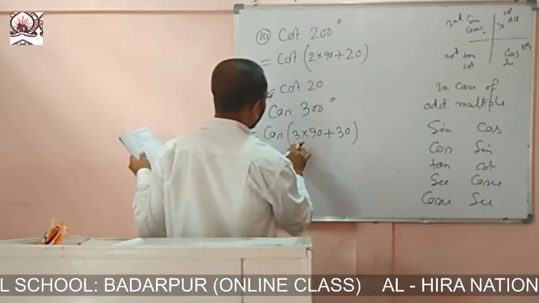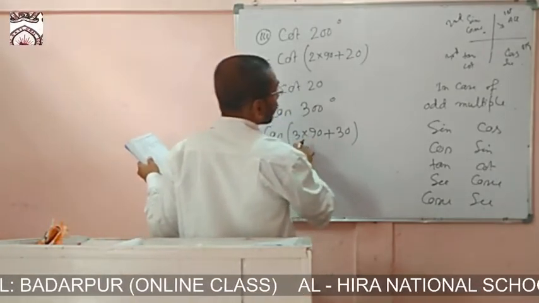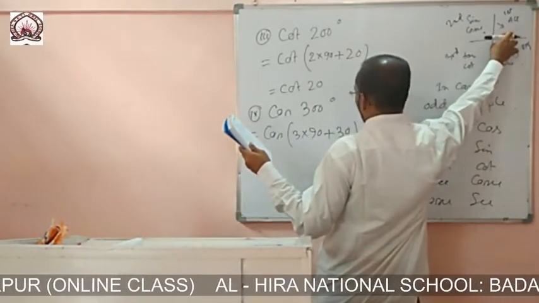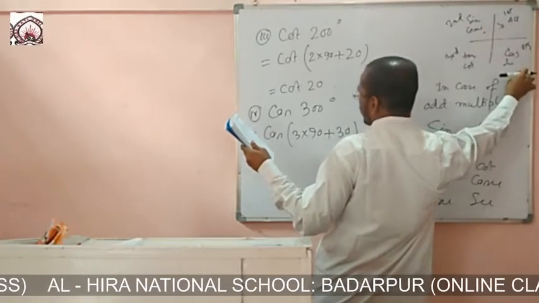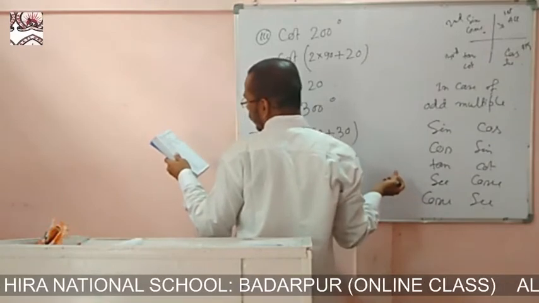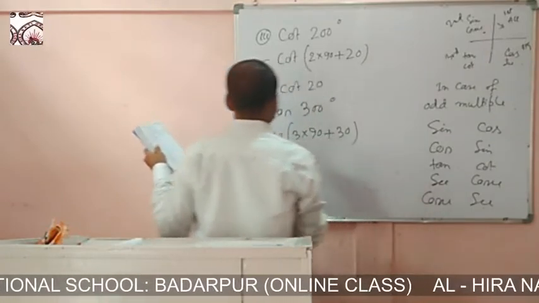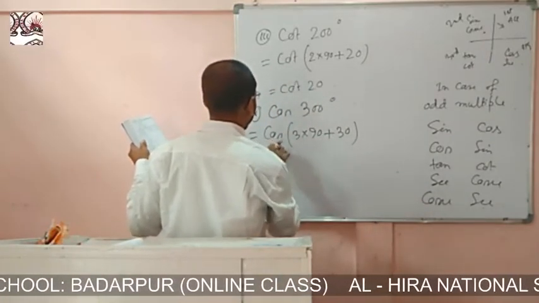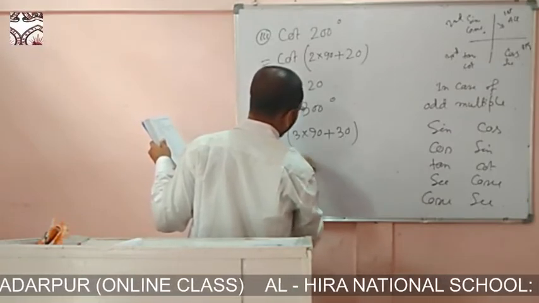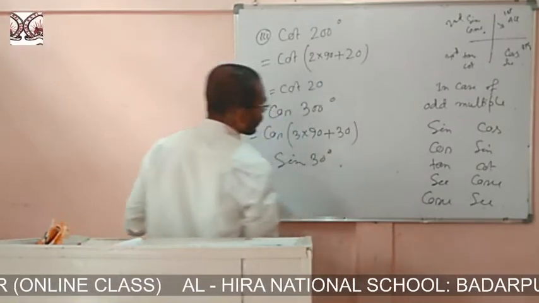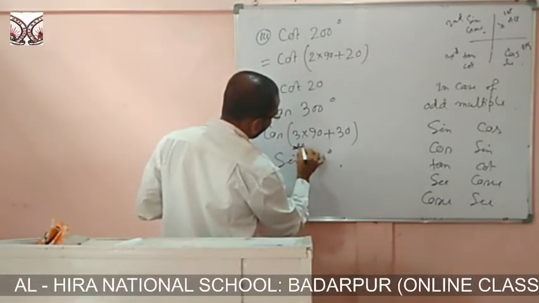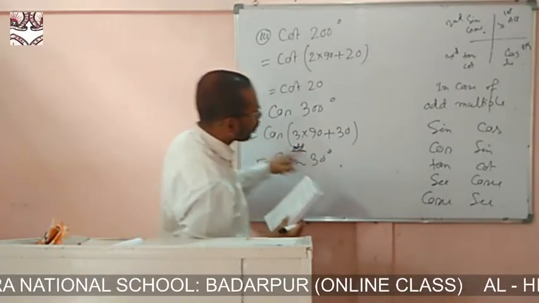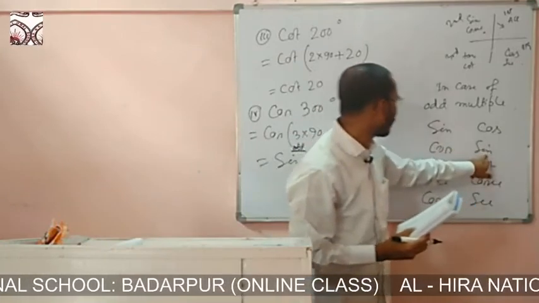First 90, second 90, third 90, plus 30, that is in the fourth quadrant. In the fourth quadrant it is the place of cos, so the sign will be positive, and cos will become sine, so sine 30 degree, because it is an odd multiple.